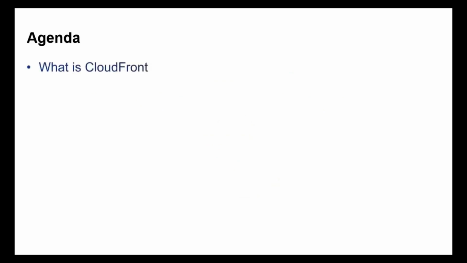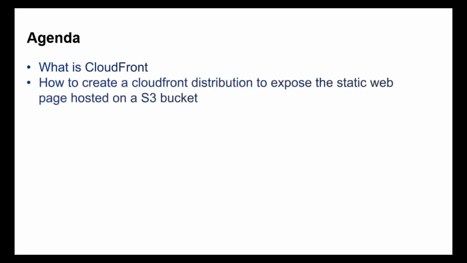So this is what we are going to see as part of the agenda. What is the Cloudfront service? And how do you create a Cloudfront distribution to expose the static website that is hosted on an S3 bucket? Basically, we can have our application endpoints across multiple sources. We can have our application hosted on an S3 bucket, a static content.